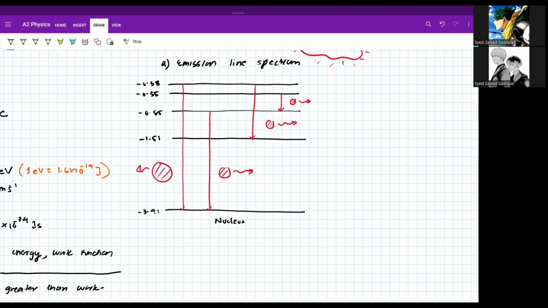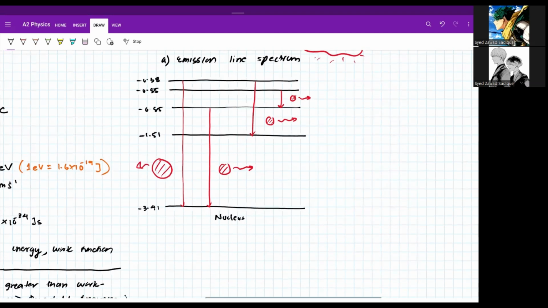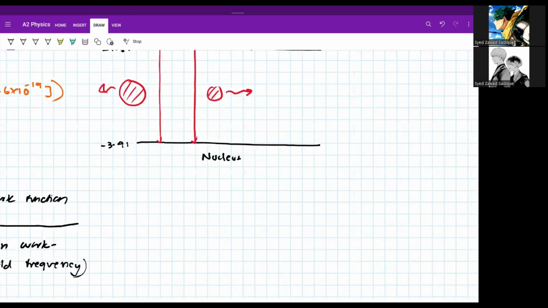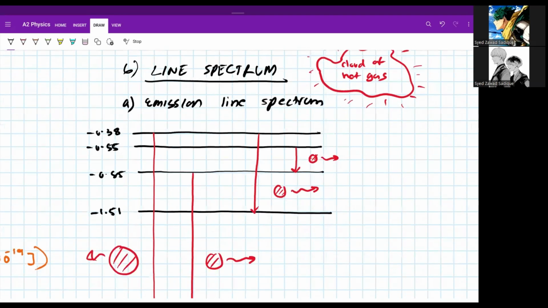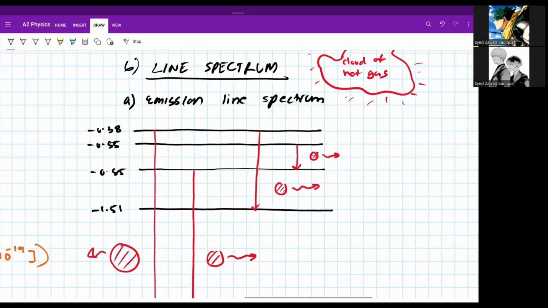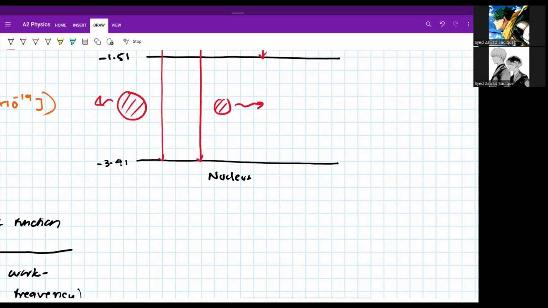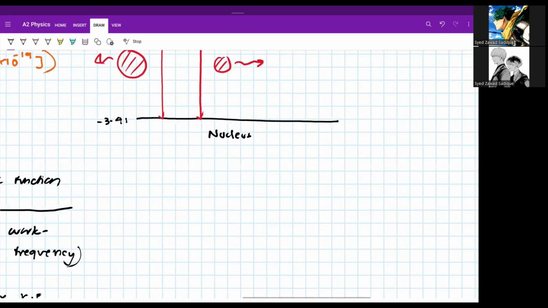Now, you are usually told to find the photon's energy using these lines, because the photon energy corresponds with the frequency or the wavelength that is given. So basically it's the change.